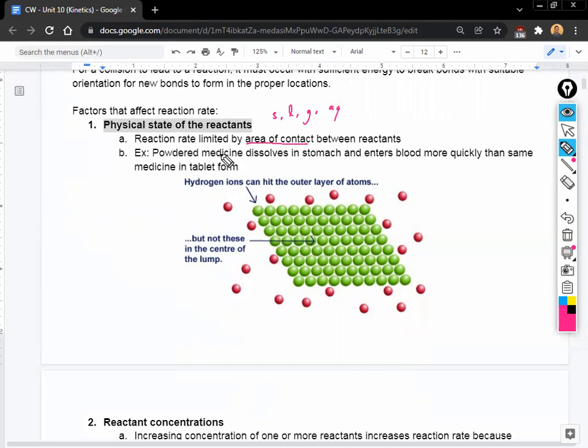Because it's powder, the stomach acid can touch more parts of the powder, as opposed to a tablet, where it's only limited to the outside, and it needs to slowly break into the middle. And so the physical state is going to affect the speed of the reaction, because it's going to limit how frequently these can collide.